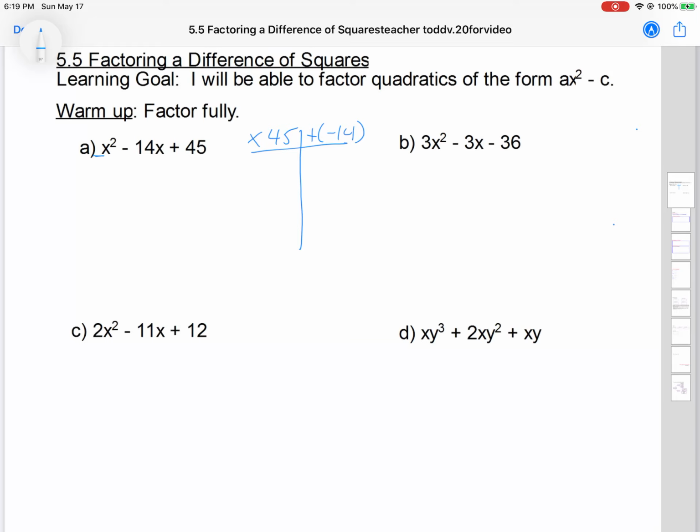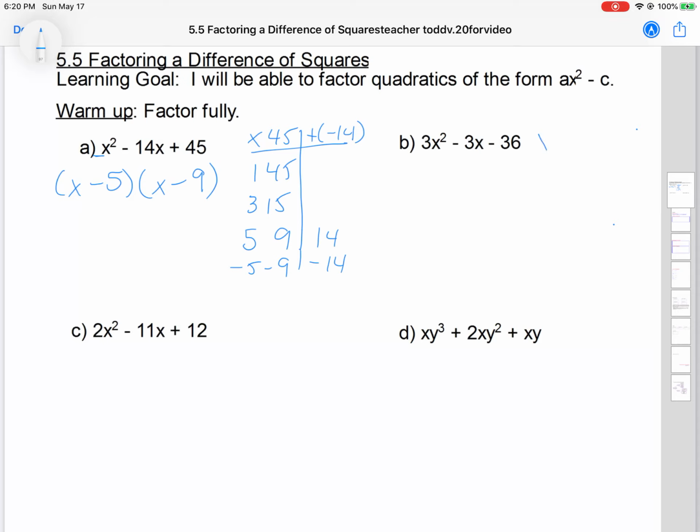Really, there's not much that 45 is divisible by, so this one is not a bad one. You could do 1 and 45, but that's not going to work. 3 and 15 gets us close, but not quite. And then 5 and 9 will get us 14. So if we want negative 14, it has to be negative 5 and negative 9. Doesn't matter which one you write first.